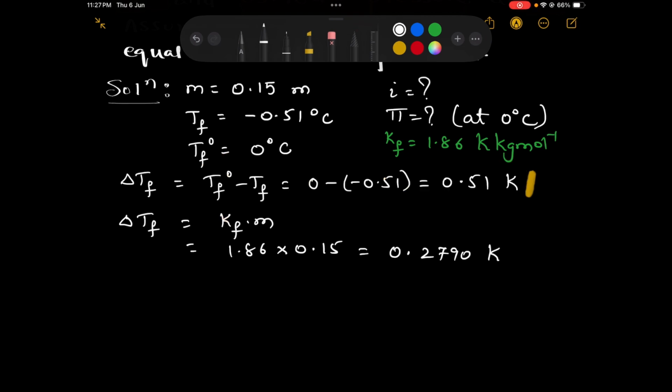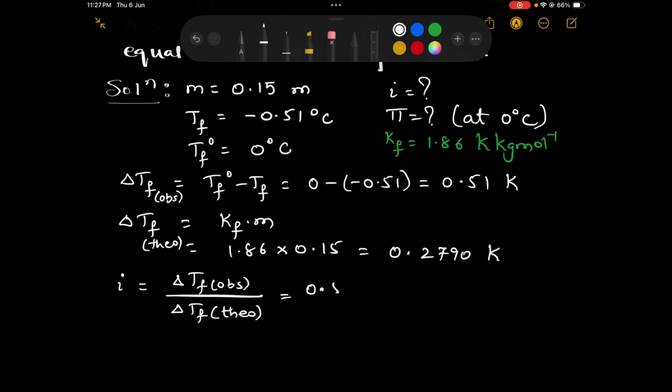So this can be the observed value and so we can have delta Tf observed for the above value. So the other value automatically becomes delta Tf theoretical. Now we'll calculate i. For i we have the formula delta Tf observed upon delta Tf theoretical. Observed value is 0.51 and theoretical value is 0.279.